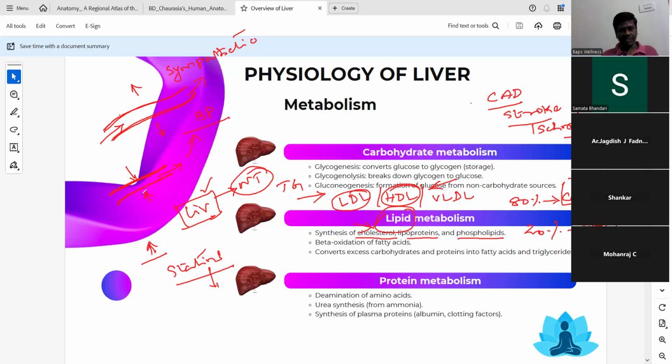This expansion and constriction are controlled by various other organs and mechanisms, involving the autonomous nervous system and also organs like the kidney, where angiotensin and renin are involved, which actually constricts.